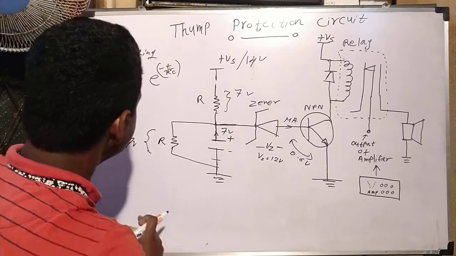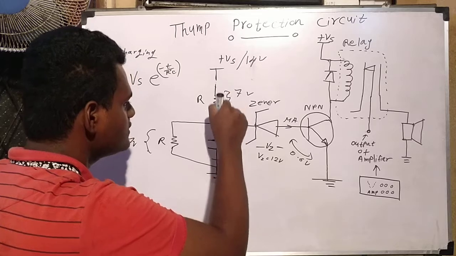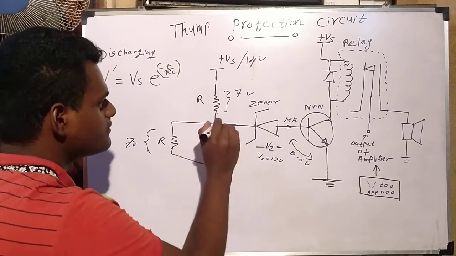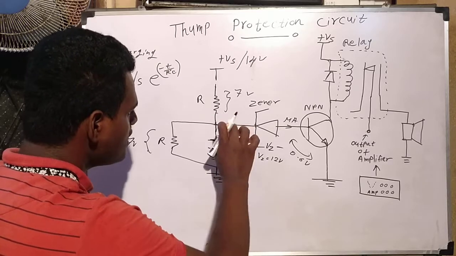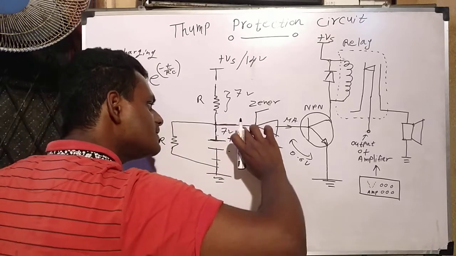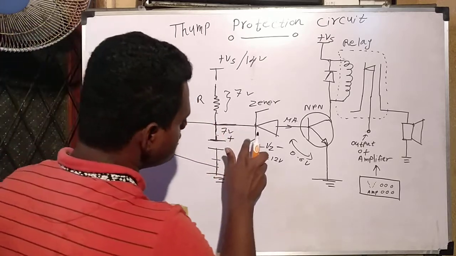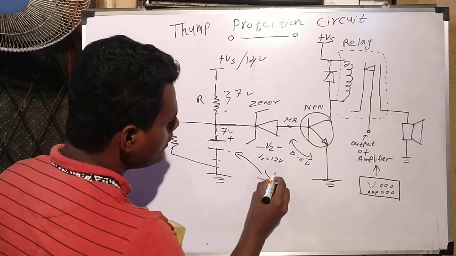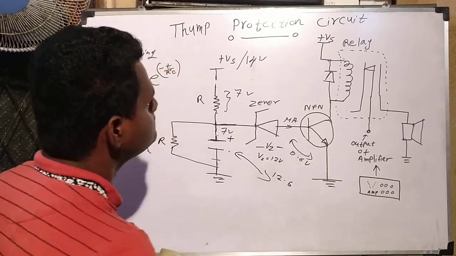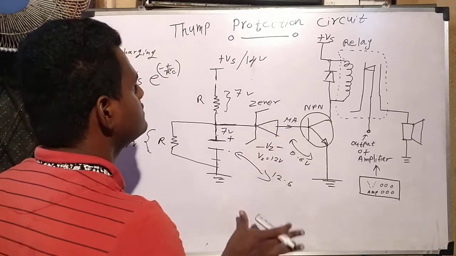What is happening? The first time, this capacitor is pulling the current, there's no path to go, current is pulling this capacitor, no problem. Then after, according to the up to charge of 7 volts, this is also fixed. But in here we need 12.6 volts to conduct, 12.6 volts to conduct to this voltage.